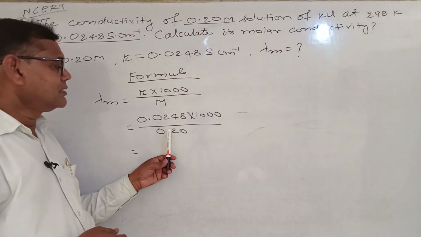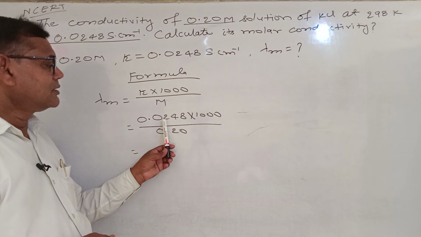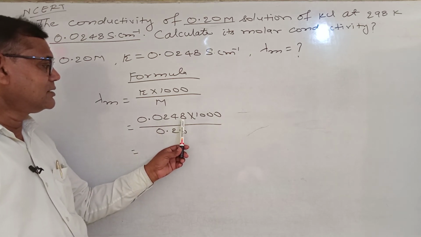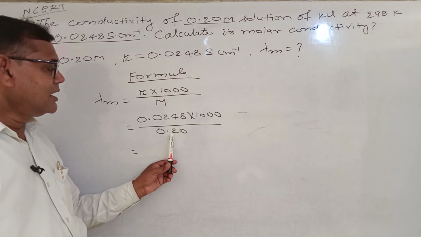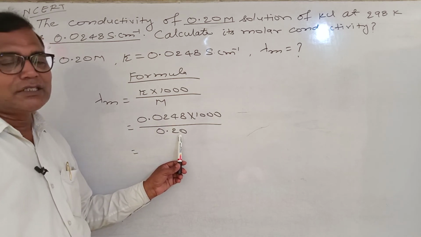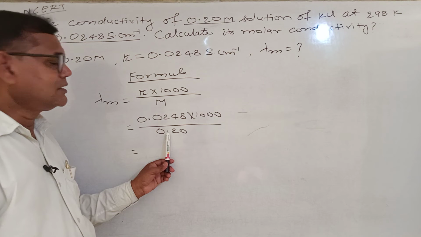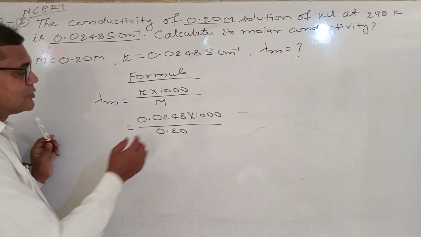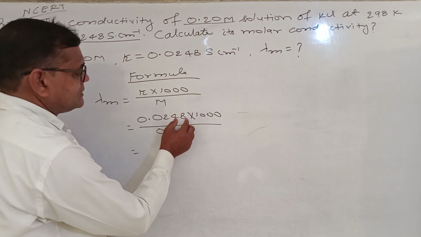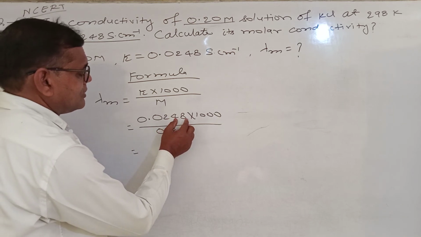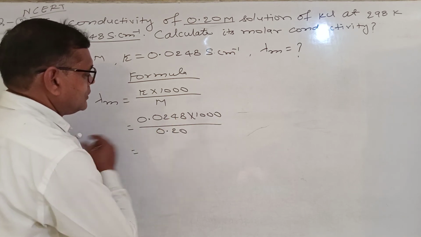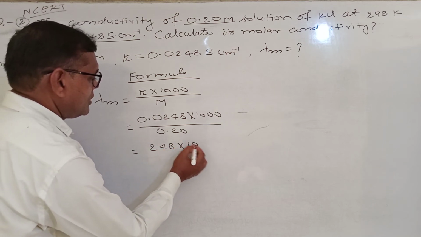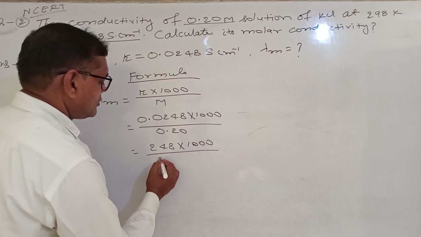In the upper there are 4 digits after the decimal point, and in the lower 2 digits. 2 digits are equal, 2 digits are extra, therefore here we write 20 and 248 into 1000 upon 20.